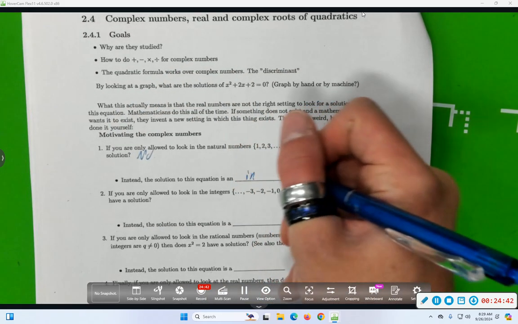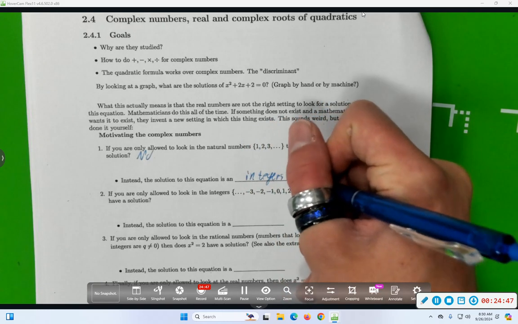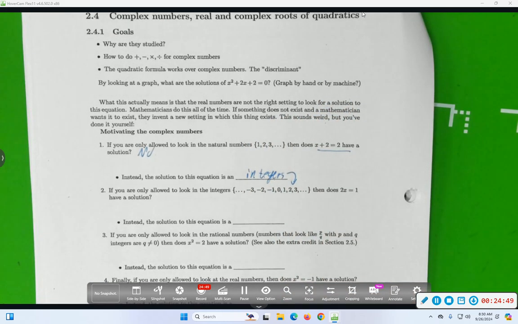So instead of thinking about natural numbers, you have to think about integers. And integers are things like positive or negative natural numbers, together with 0. But even then, 2x equals 1, does that have a solution if you only believe in whole numbers? No, 2x would be even. 1 is odd.